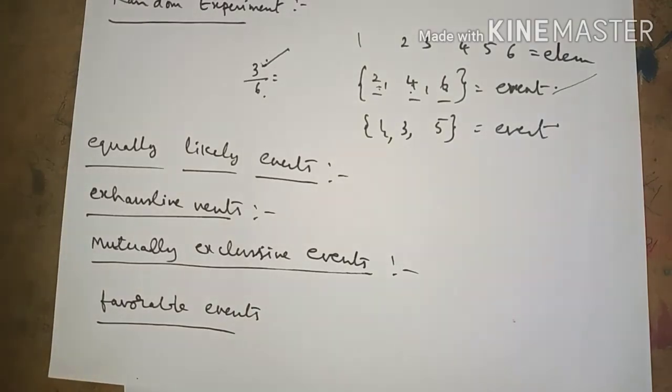When will you say 2 or more events are independent? Two or more events are said to be independent if the occurrence or non-occurrence of any event does not affect the occurrence or non-occurrence of the other.